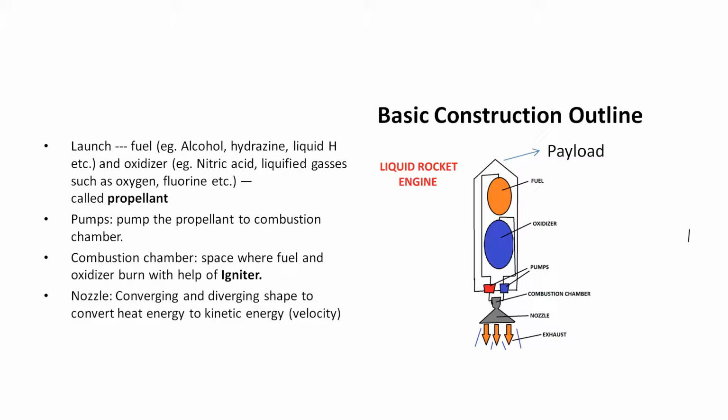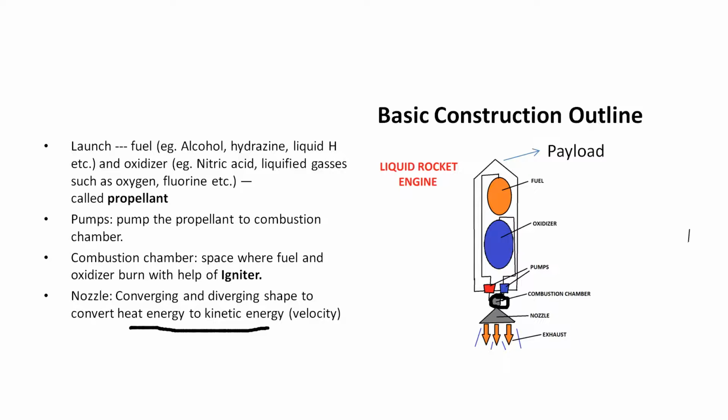Next is the nozzle. You can see that the nozzle has a converging and diverging shape, to convert heat energy to kinetic energy, because a very high amount of heat energy is produced due to the burning of the fuel.